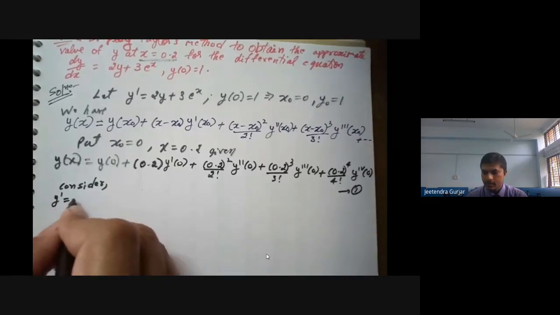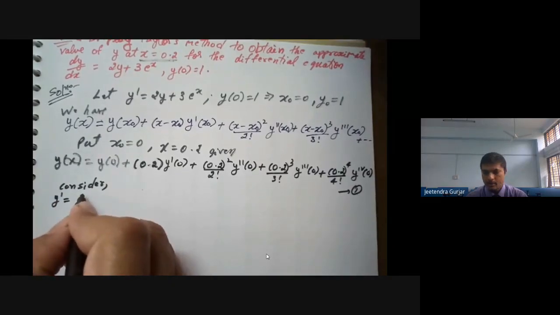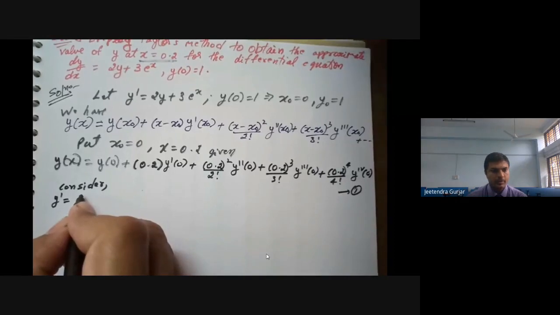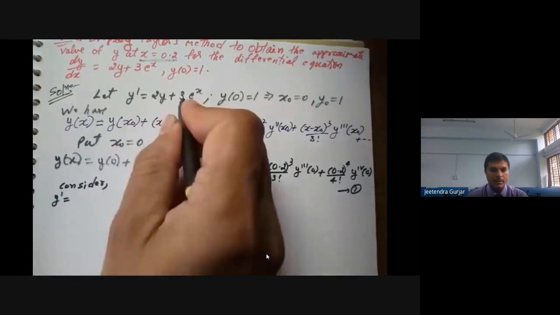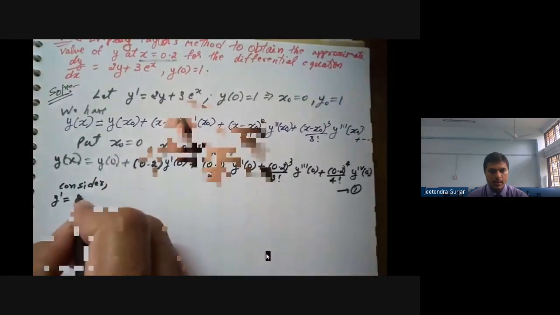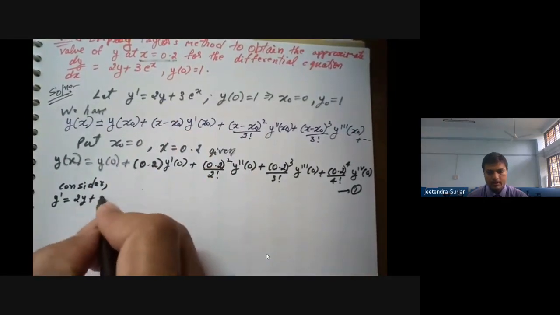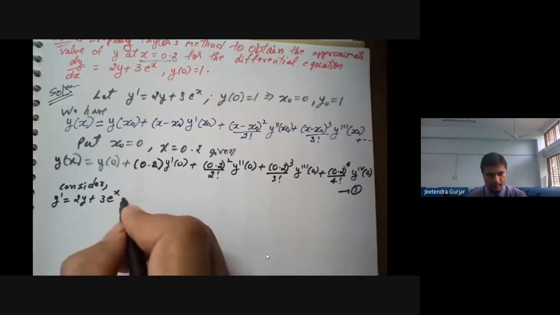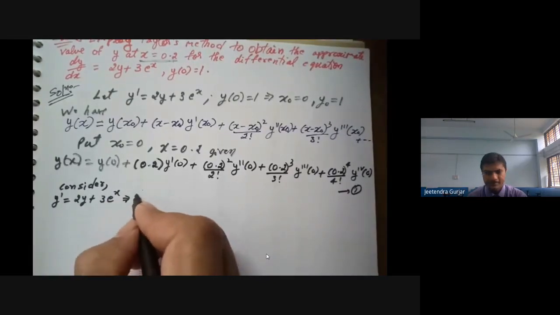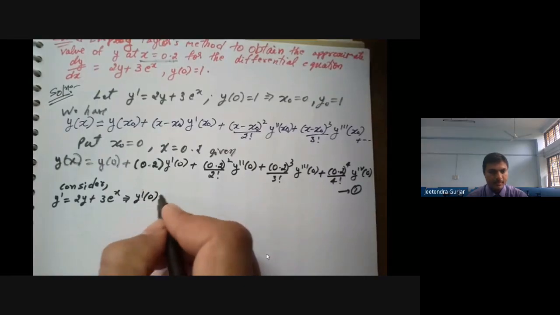Yes. So consider y dash. How are you going to write it? You just remember this. This is very, very important. y dash is already given, student. So it is 2y plus 3 e raised to x. There is no doubt. Yes. Very good. Some of you got the answer.